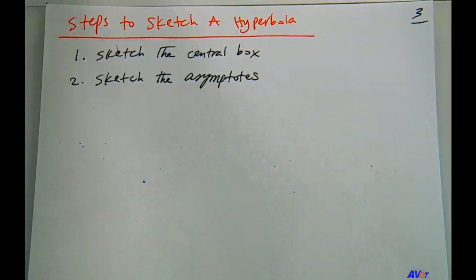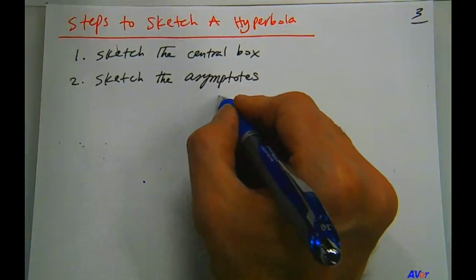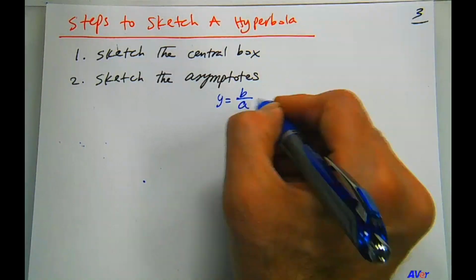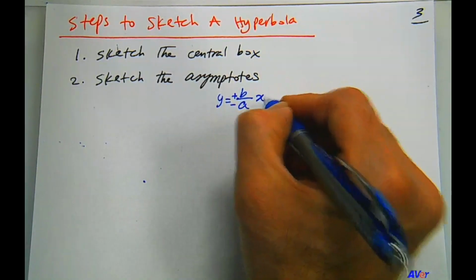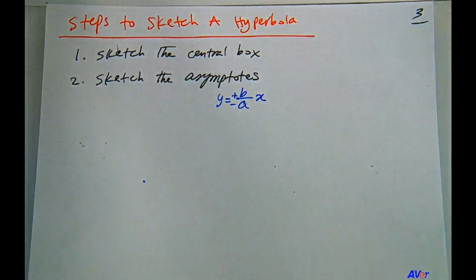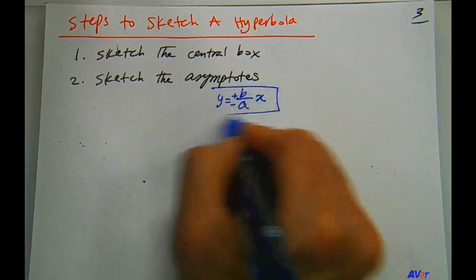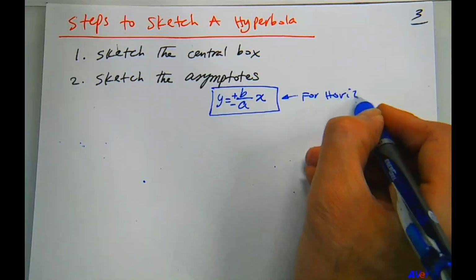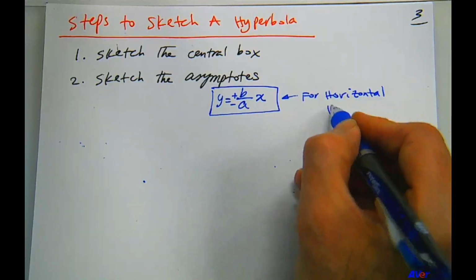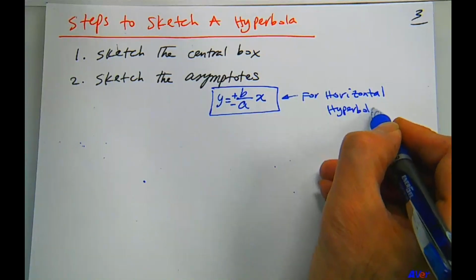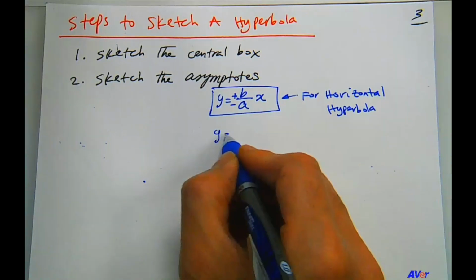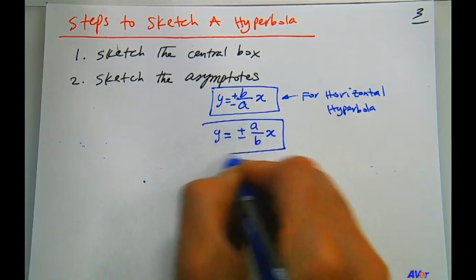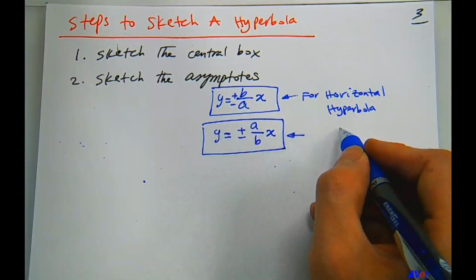And remember for the horizontal hyperbola, this is y equals plus or minus b over a x, and y equals plus or minus a over b x for the vertical one.